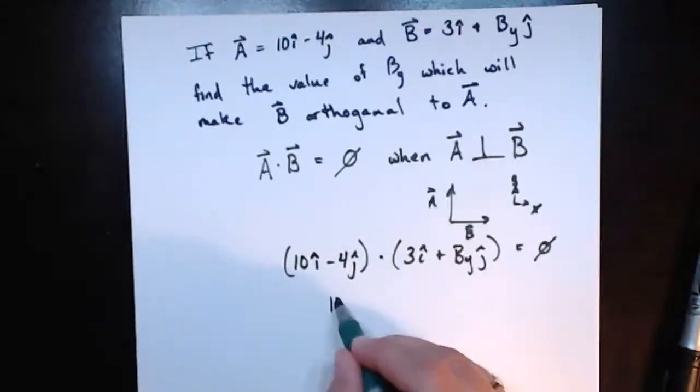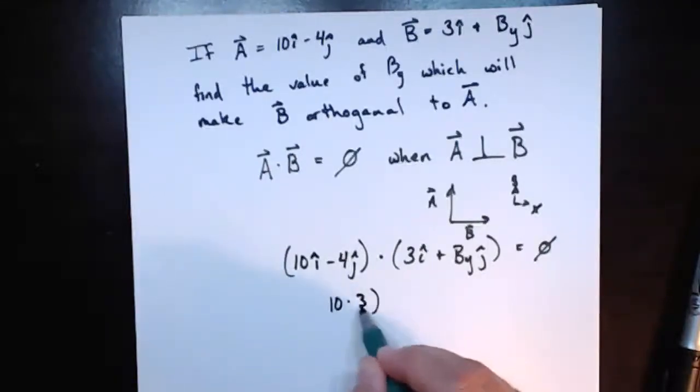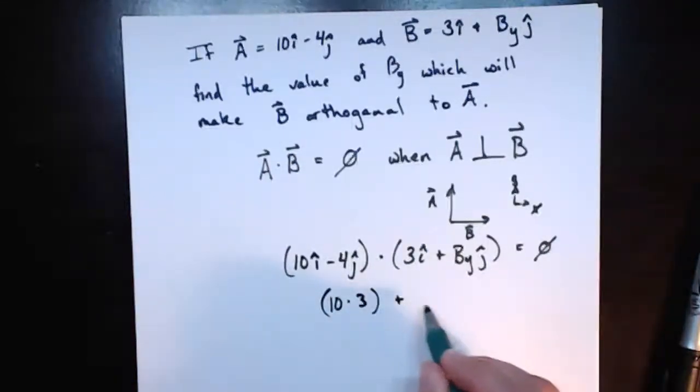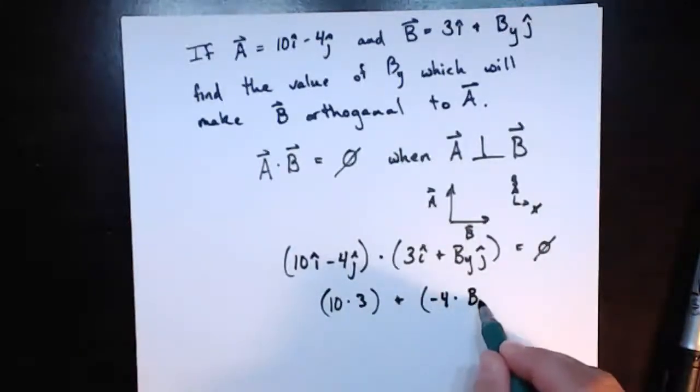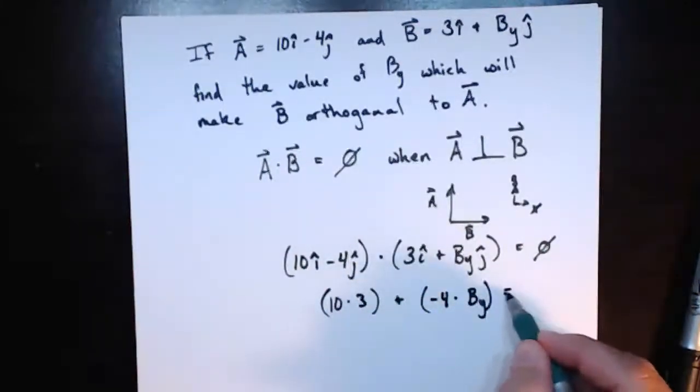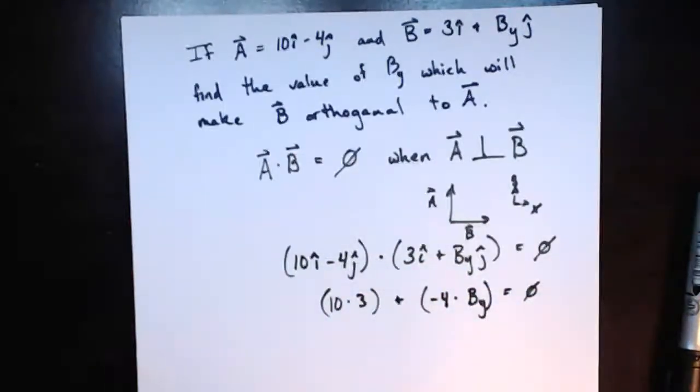So our dot product, 10 times 3 plus minus 4 times B sub y equals 0. All right, so 30 minus 4 B sub y equals 0.